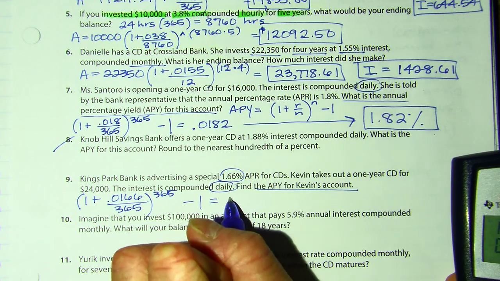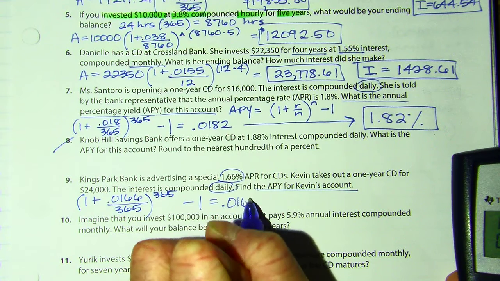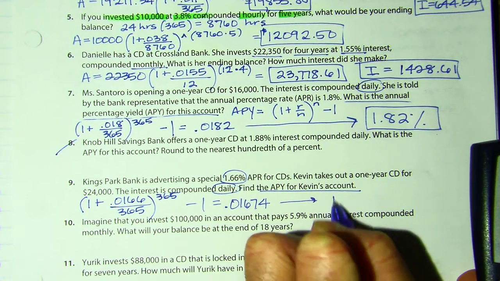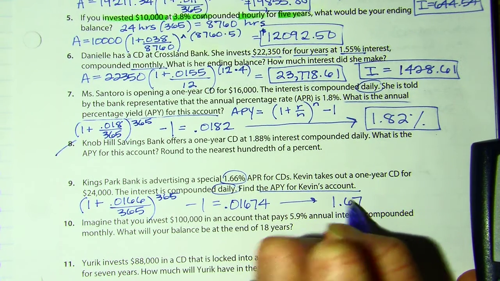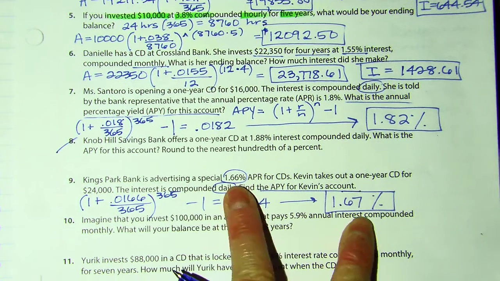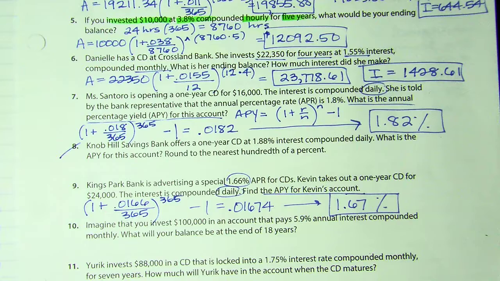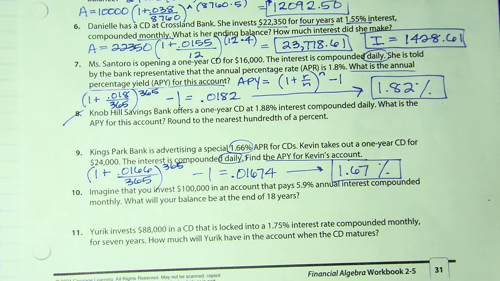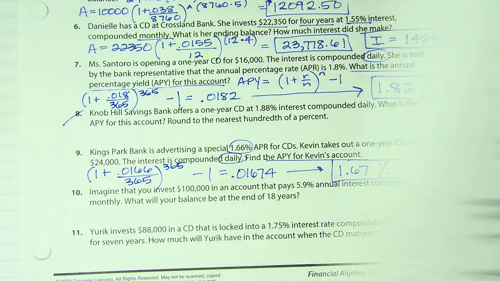And I get 0.01674. So as a percent, that'd be 1.67%. So notice it's very similar. 10 and 11 are the same type of problems over and over, so I think we don't need to do that all over again. So we're going to move on.